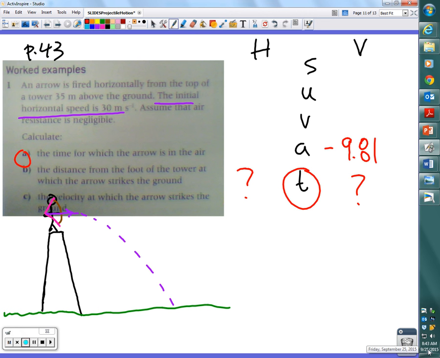But that's only the vertical acceleration. What is the horizontal acceleration going to be? Once it leaves the bow, what's the only thing affecting it? Gravity. Gravity affects things vertically. Is there anything to affect them horizontally?